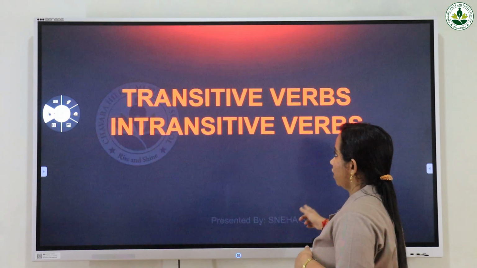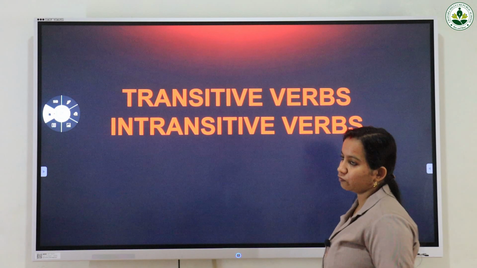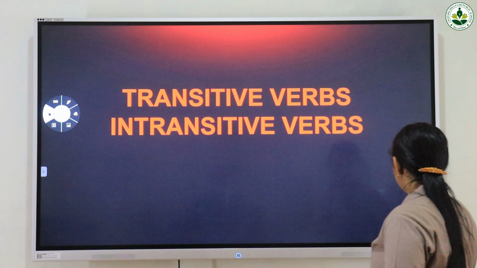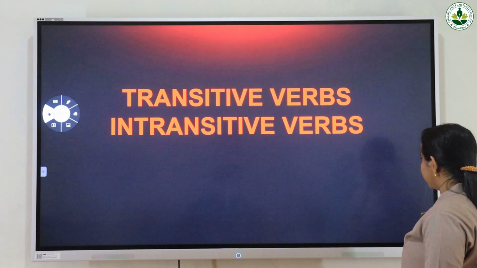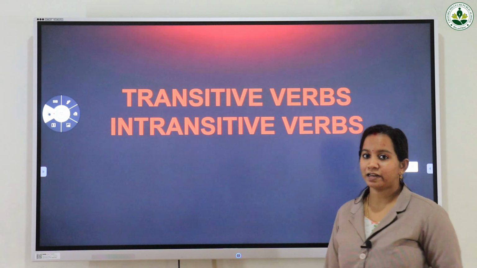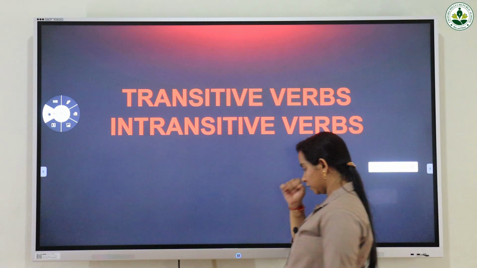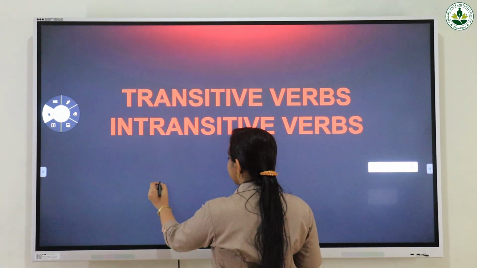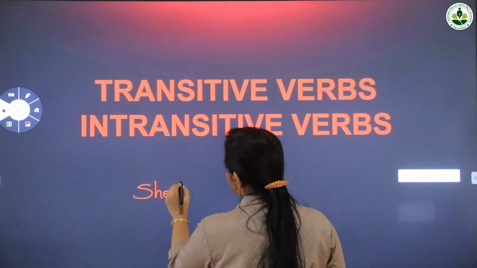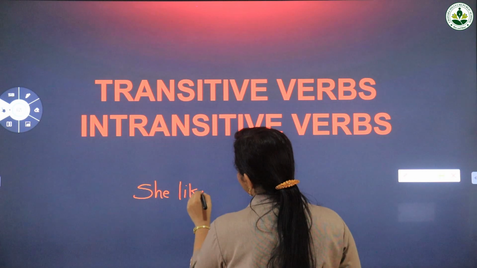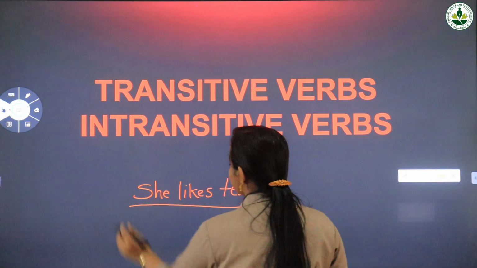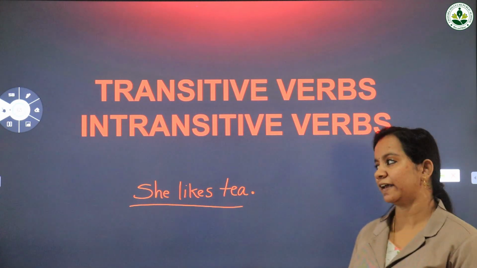So today we are going to learn about two types of verbs. So transitive and intransitive verbs. So before going on to what is transitive and what is intransitive verb, first I want to tell you the sentence pattern of English. For example, I will write a sentence like, so here we have a sentence called as she likes a tea.